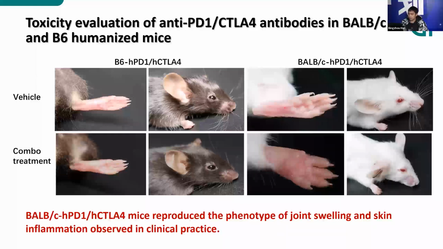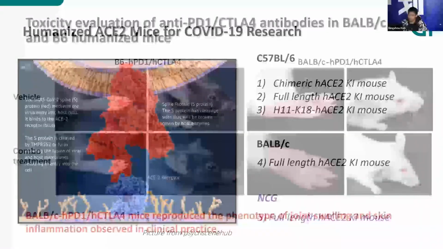We can see that in this toxicity experiment, the BC PD-1 CTLA-4 humanized mice reproduced the phenotype of this joint swelling and the skin inflammation we can see here, observed in clinical practice, which have been already demonstrated in clinical trials, which means that different backgrounds may help us to better explain the toxicity, to examine the toxicity and the drug efficacy in the preclinical in vivo tests.